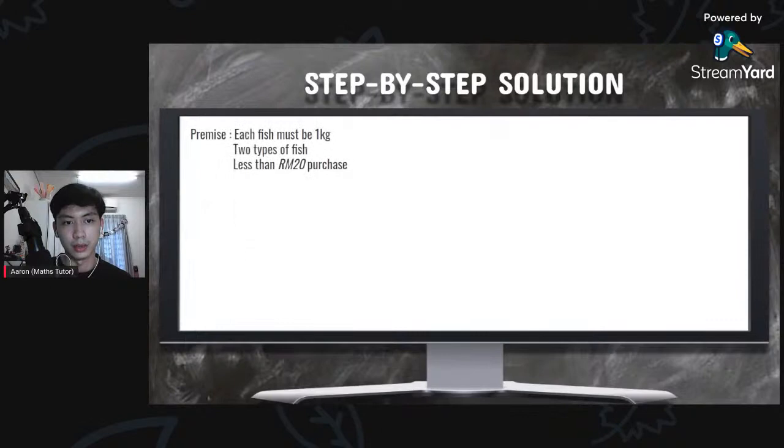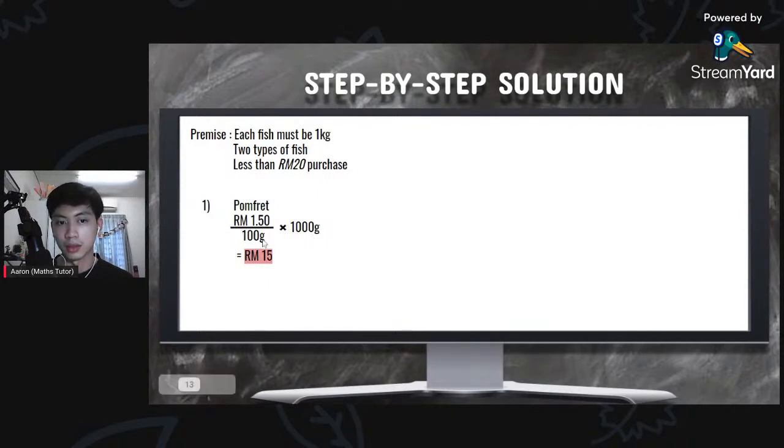So for both here, RM 1.5, you divide by 100 gram, so you can get 1 gram is how much, and then you multiply with 1,000 gram, because 1,000 gram is equal to 1 kg, right?